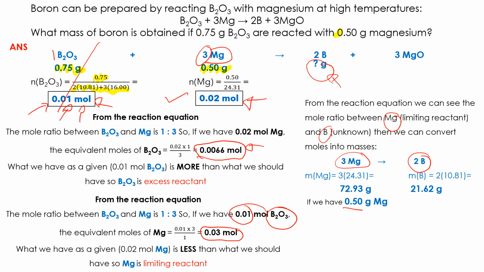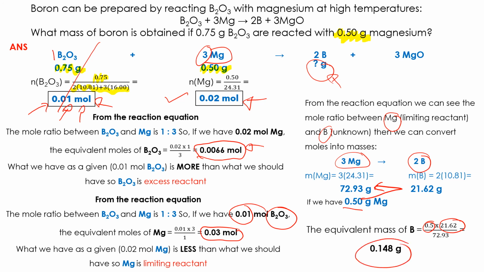We'll just cross multiply. So the equivalent mass of boron will become 0.5 multiplied by 21.62 all over 72.93. The answer is 0.148 grams of boron. And that's it.